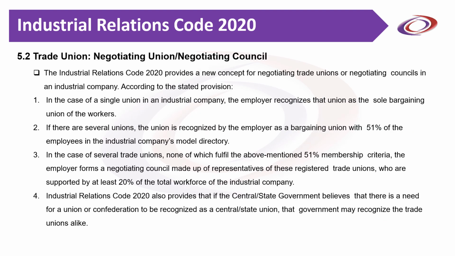First, we have the guidelines regarding trade unions. A new concept has been introduced as the negotiating union or the negotiating council. If the industrial company has a single union, it has to be recognized as the sole bargaining union for all the workers.